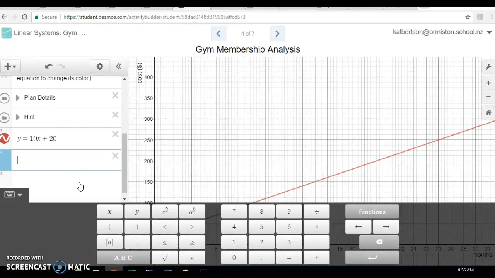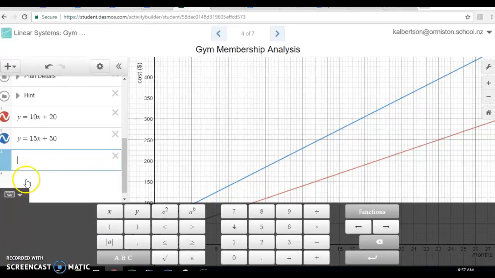My second plan, which was the basic, is $15 a month plus $50 setup fee. So I'm going to type in that equation: y equals 15 times the number of months plus $50 setup fee. And there's my next equation graph there in blue.